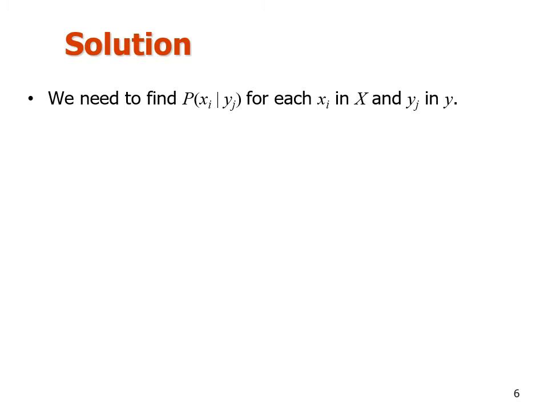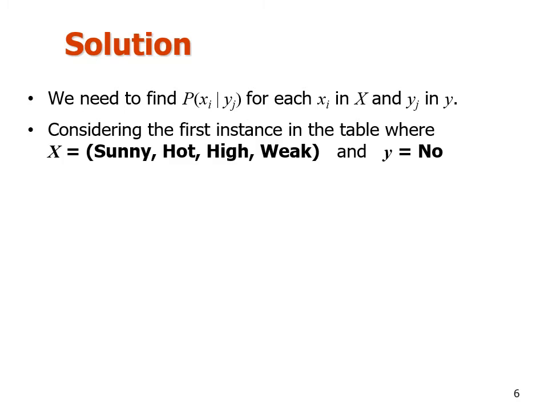So consider the first instance in the given data set where x is having 4 values: sunny, hot, high and weak, and for this instance the y value is no. So how do we interpret probability of x given y for this particular instance?